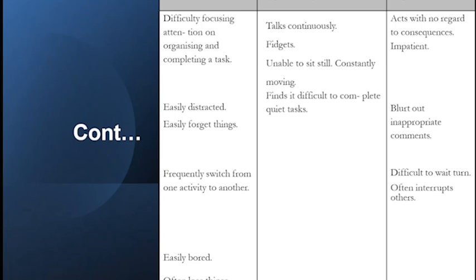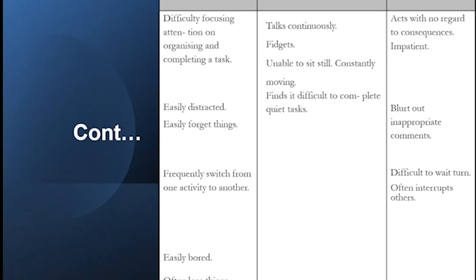They have got some elements of fidgets. They are unable to sit still. They keep on constantly moving from point A to point B, from point B to point C, and they find it difficult to complete their given tasks.